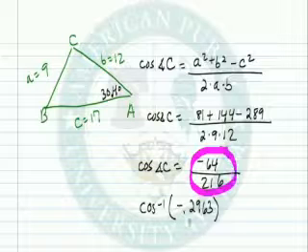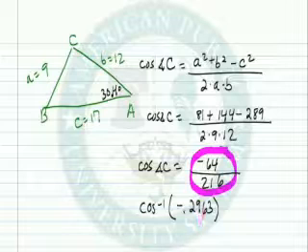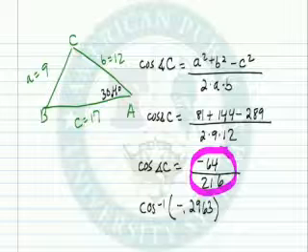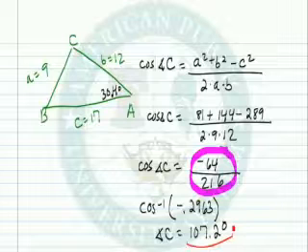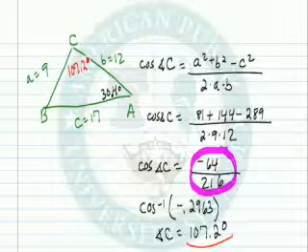You want to make sure that you get a negative decimal number, because when you do arc cosine on that, that's what's going to give you your obtuse angle. Here we get angle C is equal to 107.2 degrees. And that's our biggest angle.